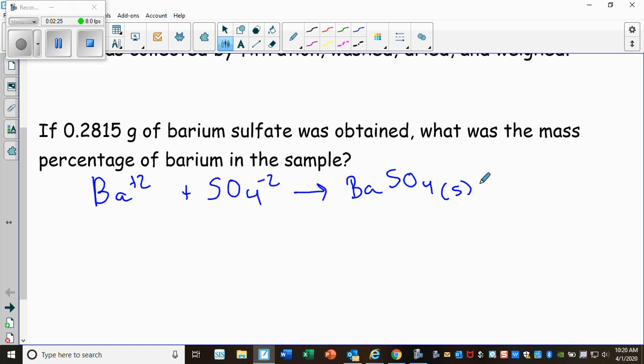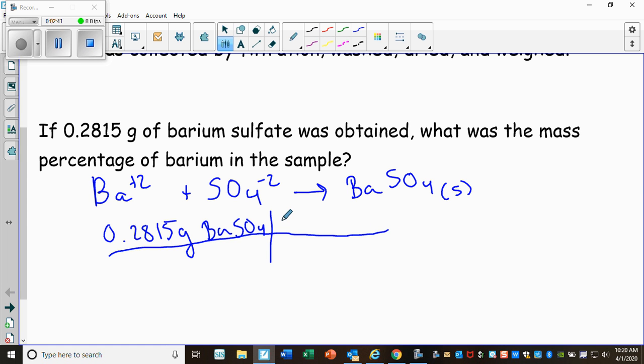So we go back, and we have 0.2815 grams barium sulfate. We're going to need to figure out how much this is in terms of moles. So, quick conversion, 1 mole barium sulfate.